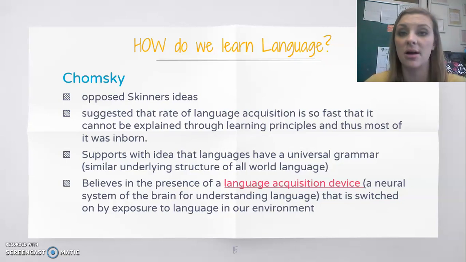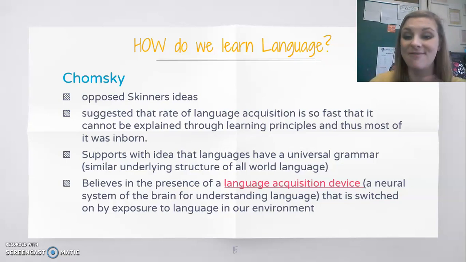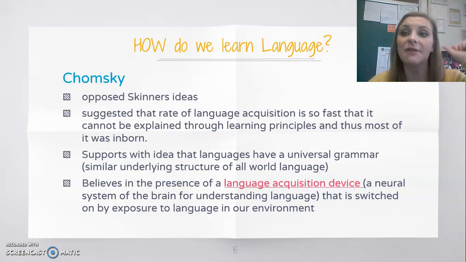There are some underlying structures that are the same throughout every single language. And what he believed is that we're all born with this language acquisition device in our brains that's already there. And once we are exposed to language in our environment, it flips on. So it's there when we're born, and then the switch is turned on when we start to get exposed to language. Okay, so he believed that this came naturally to humans.